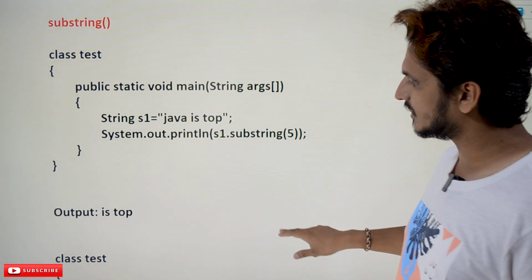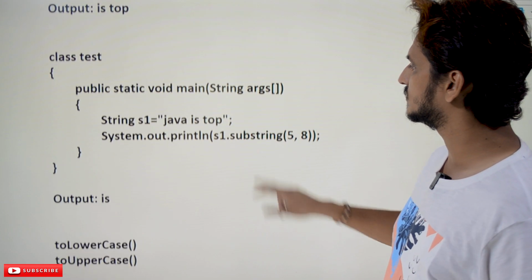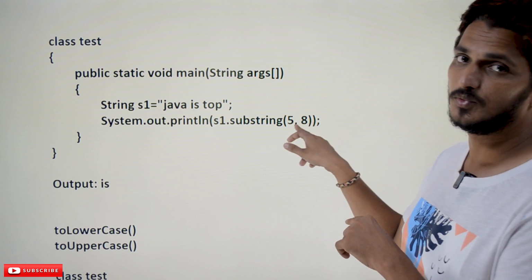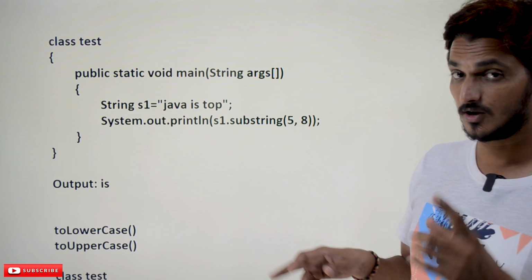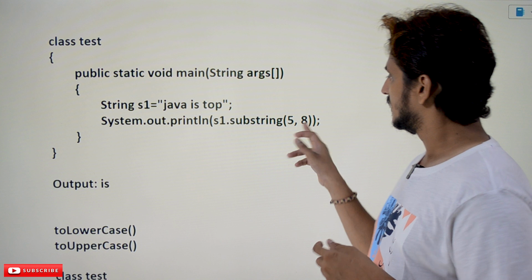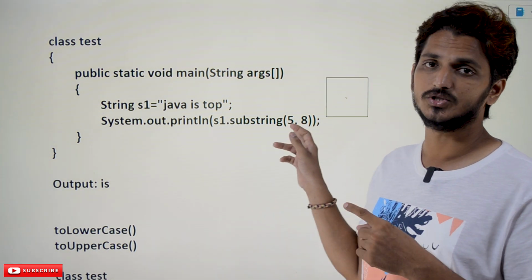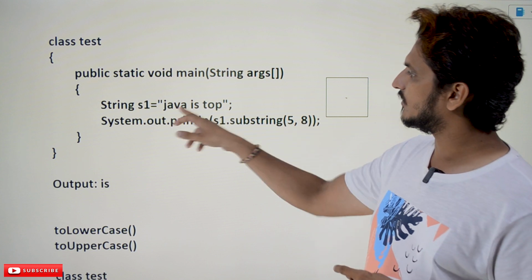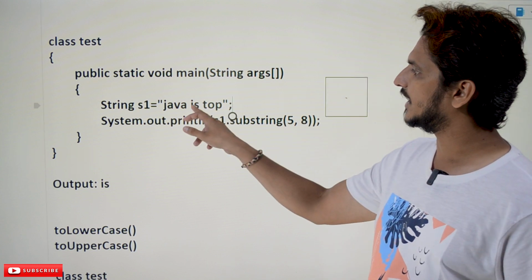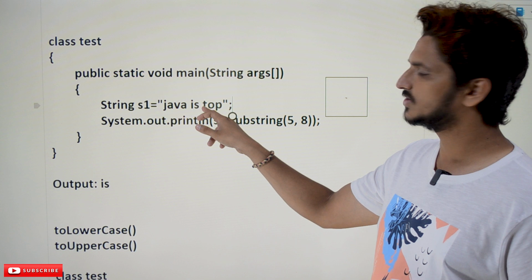So we can use it another way also. If you take it as substring(starting position, ending position). But remember, as in our last class example also, it is going to consider the starting position, but it is not going to consider the ending position. Means Java is top. What is the fifth position? I. Sixth position, seventh position is empty space.